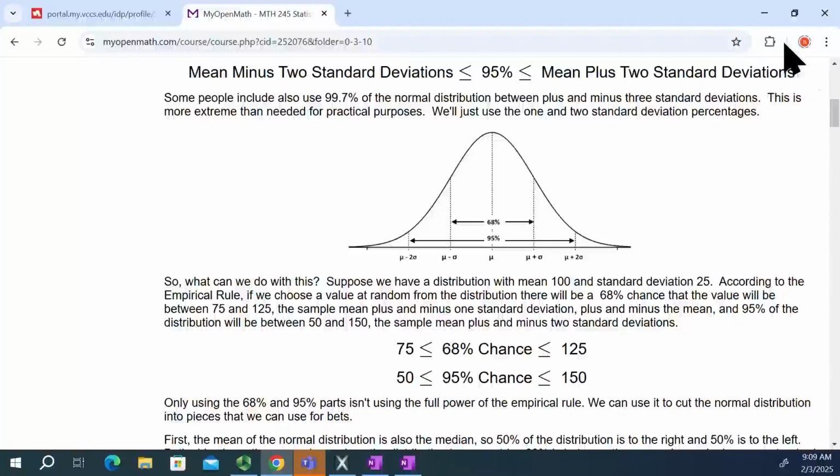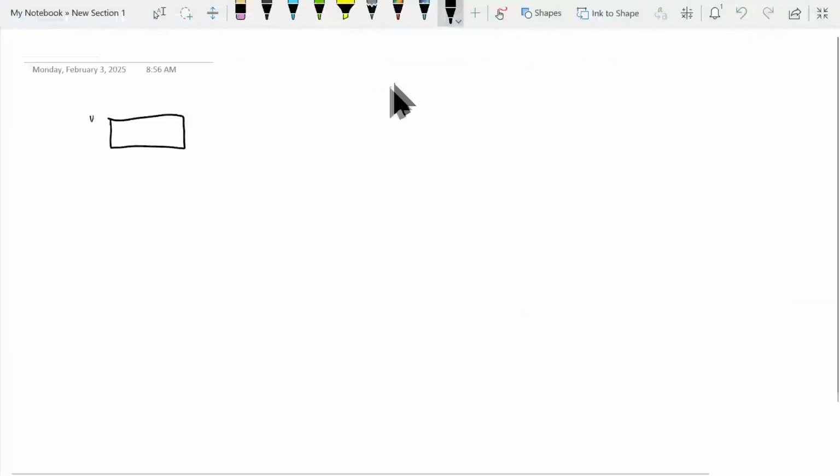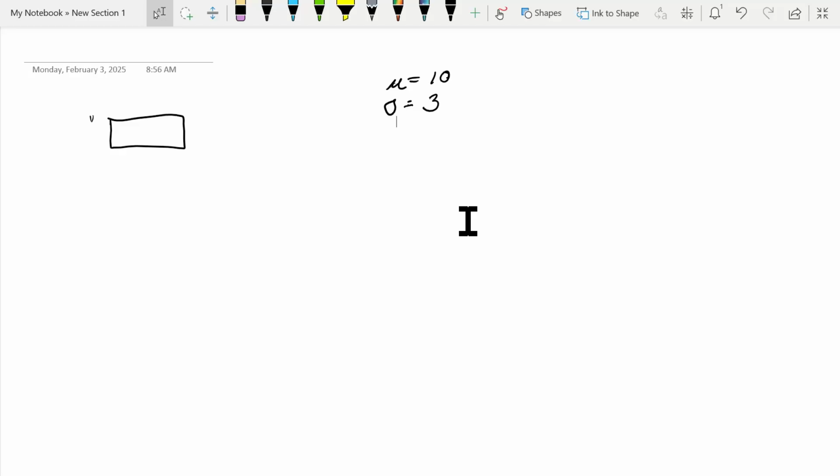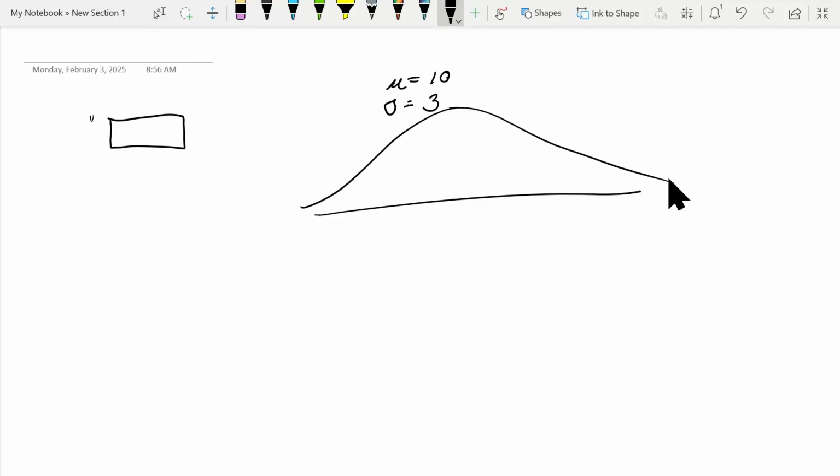So that if I have a mean of 10 and a standard deviation of 3, my bet is that on this scale, here's 10.